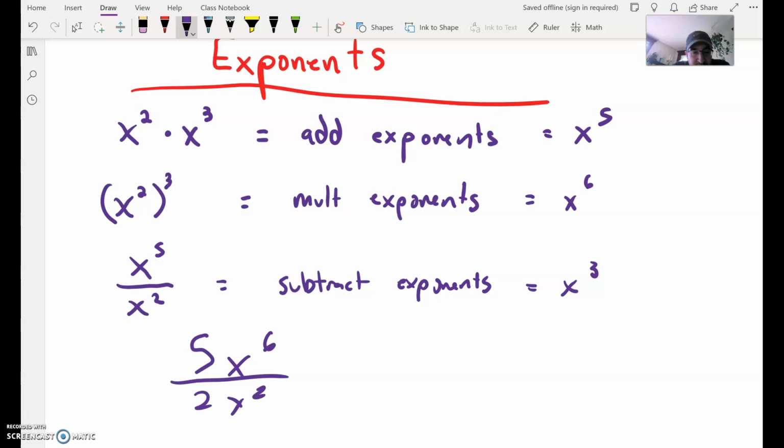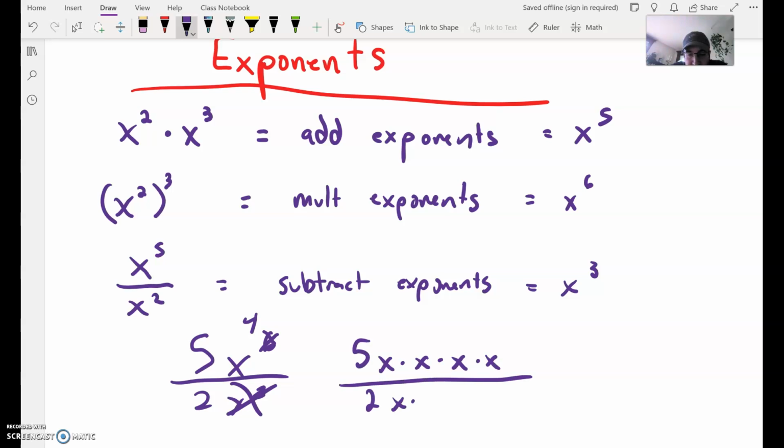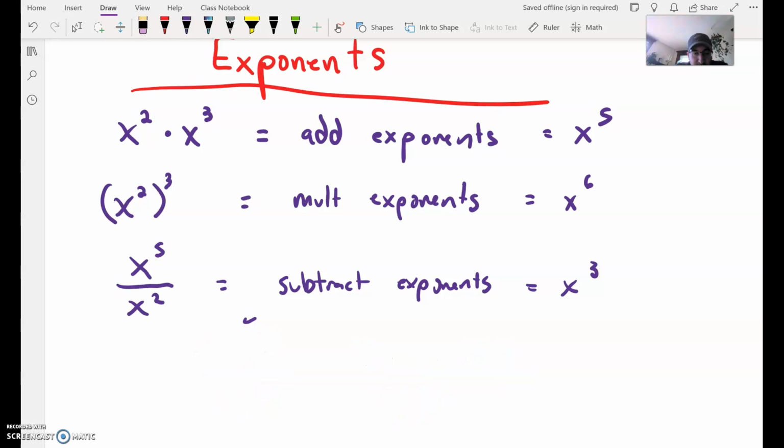Well, these 2 x's down here could be canceled out with 2 of them up there, which would turn that to a 4. You're basically subtracting, but what you're doing is like if you had 4 x's up top like this, like if we wrote that all expanded out, and then we had 2 x's down here, what you're doing is you're basically canceling the bottom 2 against 2 of them off the top, right? So when you're dividing exponents, you're subtracting.